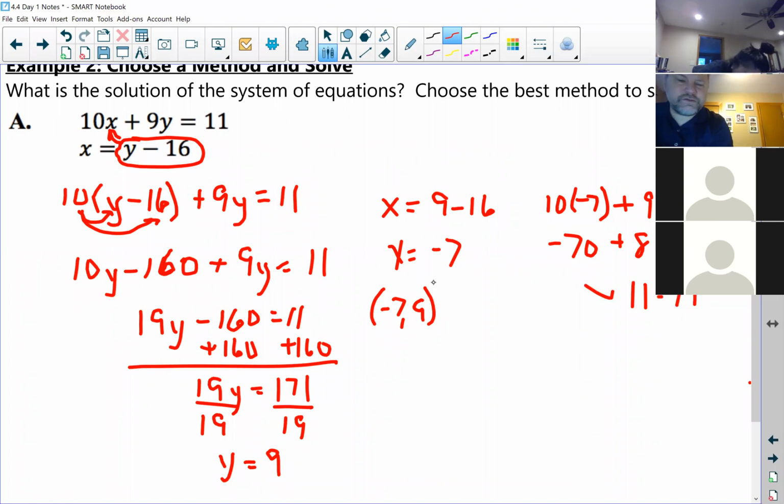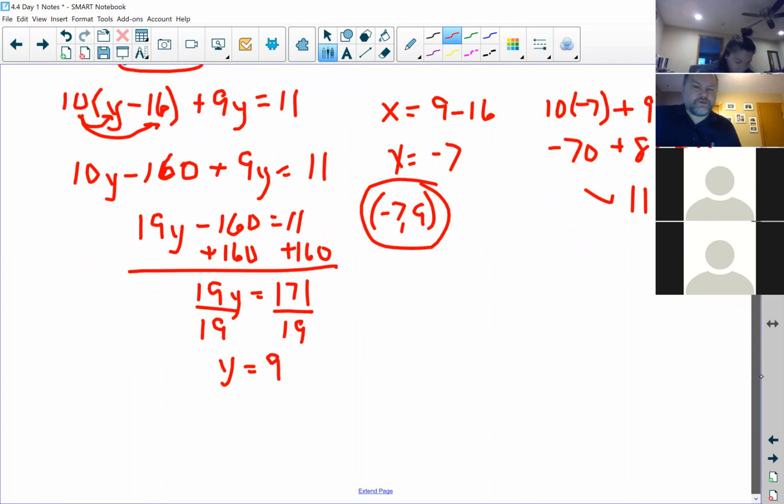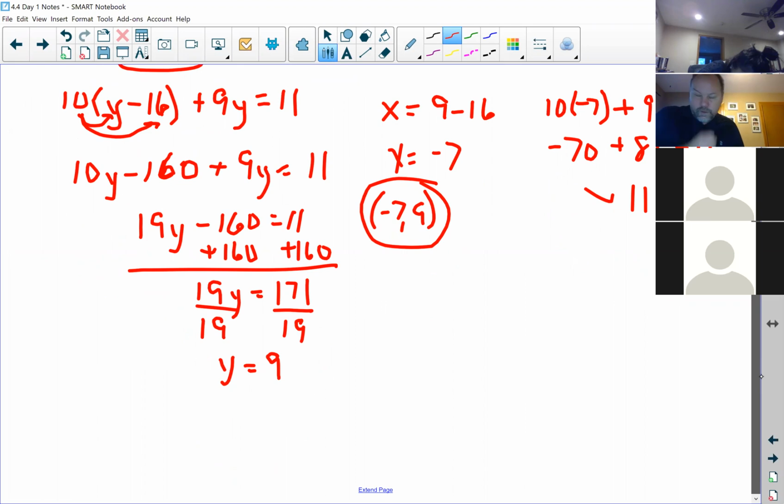And it does. So there's my solution with a check. Right. Next example.